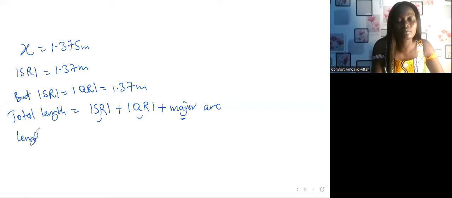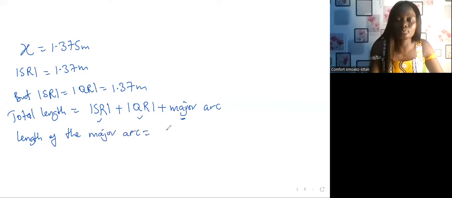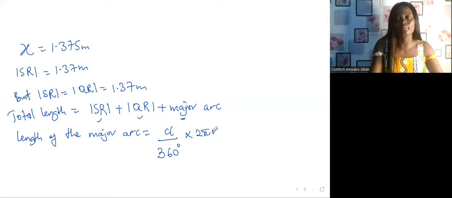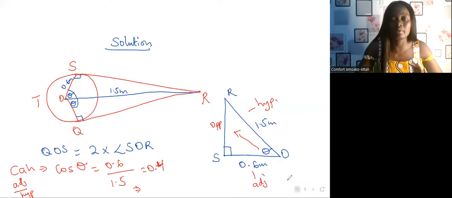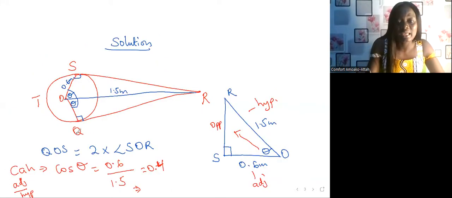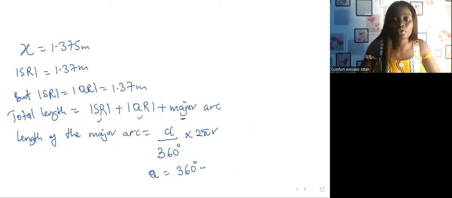So now the length of the major arc is equal to, let's say, alpha over 360 degrees times 2 pi r. How do you find the alpha? That is 360 degrees minus, let's go back to the diagram so everything becomes very clear to you, minus angle QOS.